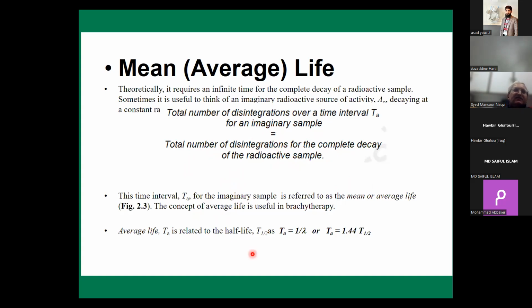And the relation which we can use for measuring the average half-life is this: Ta is equal to 1.44 times the half-life. This is in fact an important parameter which may also be referred to sometimes in brachytherapy for iridium-192 sources.